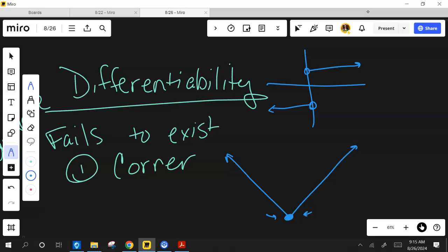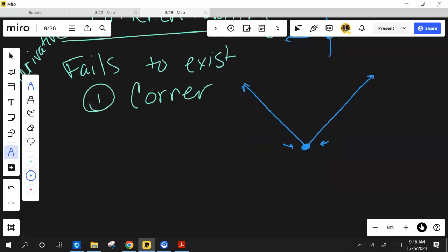By definition, if the left-hand derivative does not equal the right-hand derivative at a point, and in this case it definitely does not because one's negative, one's positive, then the derivative does not exist. Not if it was positive and positive. I told you there are 4 situations. That is situation number 1.